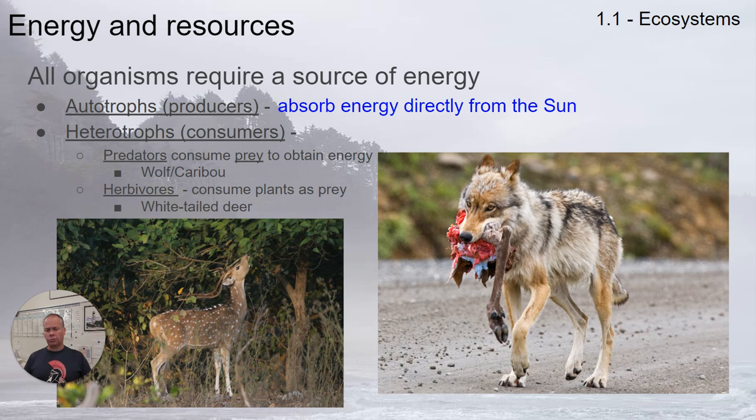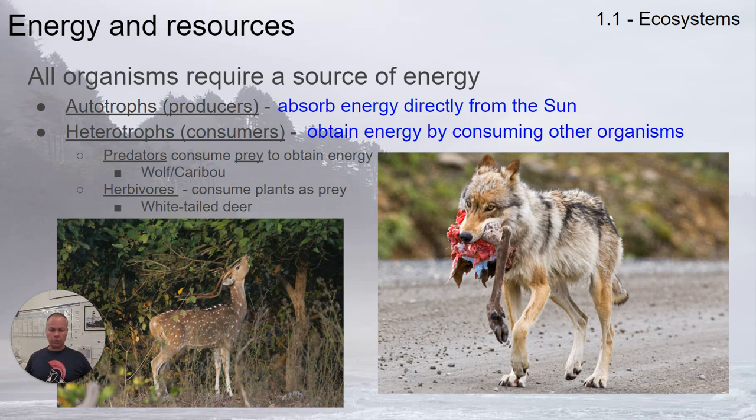When we think about autotrophs, we generally are thinking about plants, things like algae and a couple other organisms, but generally we're thinking of plants. Heterotrophs, or consumers, are those organisms that cannot make their own energy through the process of photosynthesis. They must obtain their energy by consuming other organisms. Some consumers consume plants.